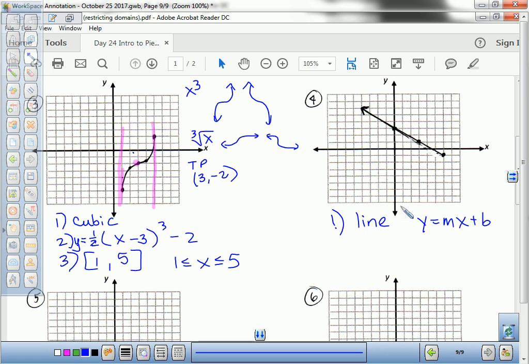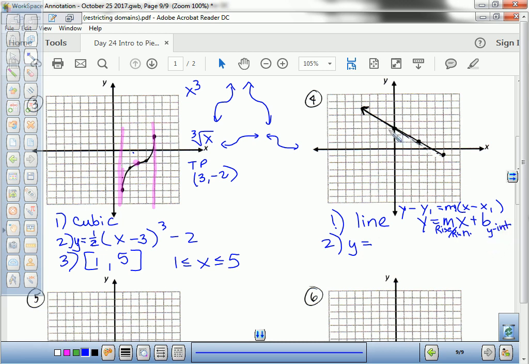Okay, the other form you learned was called point slope, and it's y minus y1 equals m times x minus x1. I would go with y equals mx plus b whenever I can. If you can use that one, it's the easier one. Okay, so we know that's it, y equals mx plus b. Now, m is your slope, that's your rise over your run, not rum. B is your y-intercept.